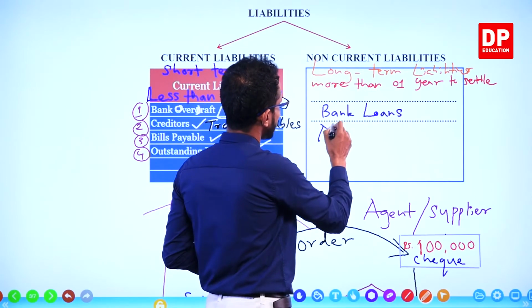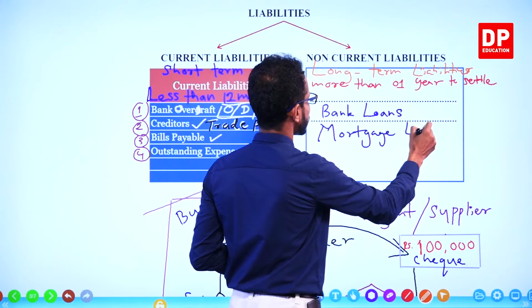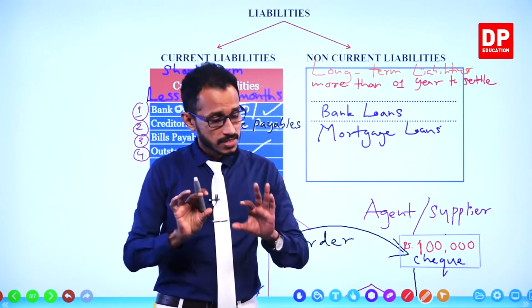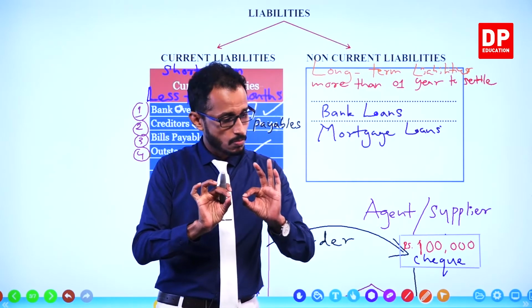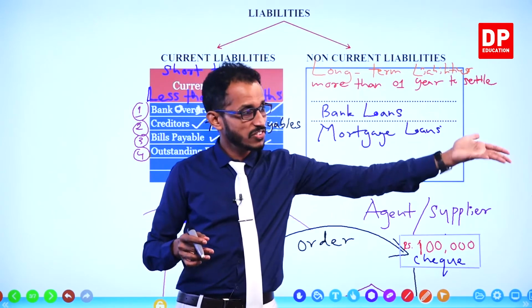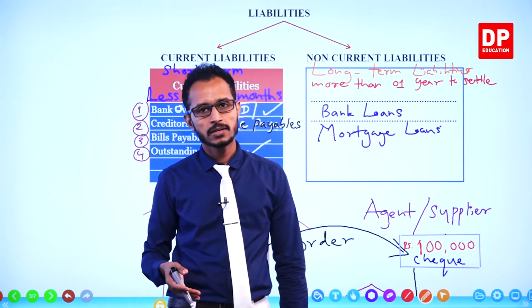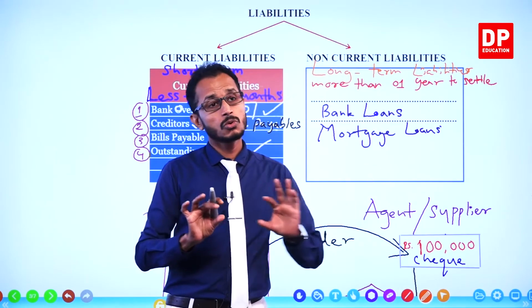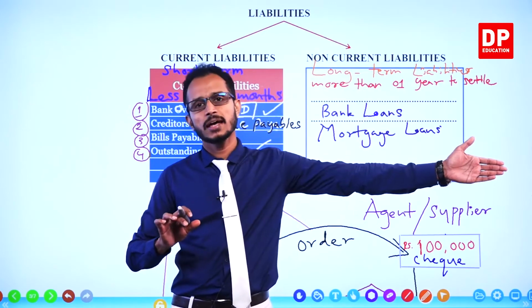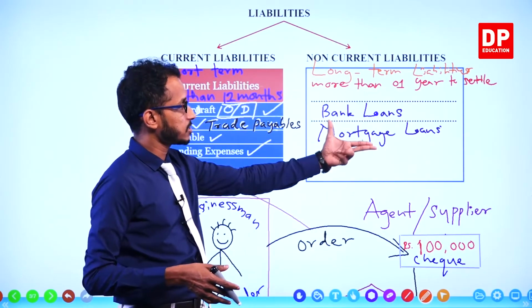Sometimes mortgage loans also can come. A mortgage loan gives us a time period of more than 1 year, sometimes 10, 15, or even 20 years, to pay it back. Big loans or larger amounts and a long period of time to settle long-term liabilities.